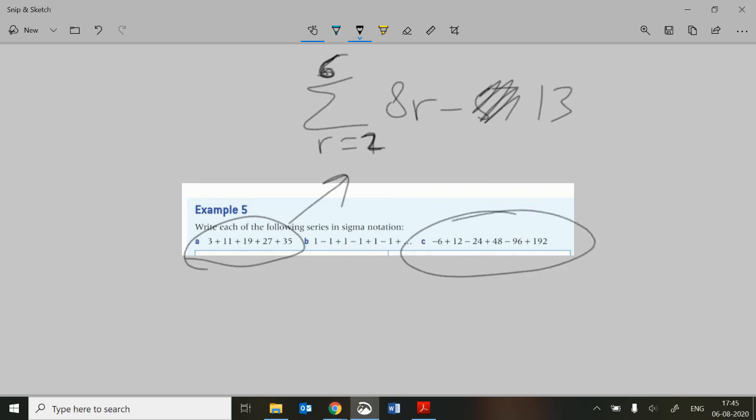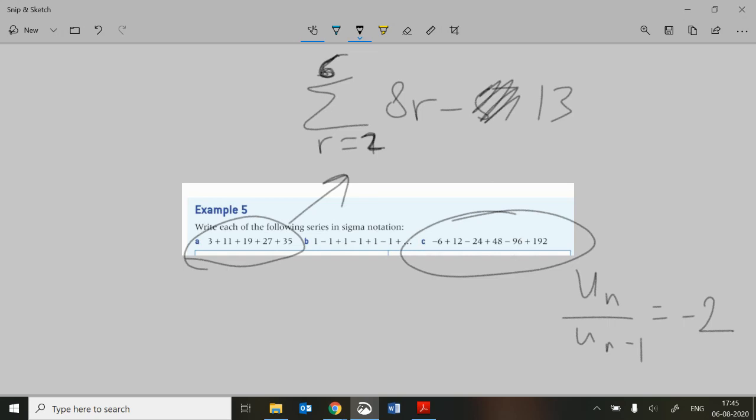Okay, let's have a look at this final one. We're almost there with this first exercise of examples. So with this final one, we've got -6, 12, -24, 48, and so on. We can see that we're timesing by -2 in each of these cases. If I take un and divide it by the previous term, it's always giving us -2.